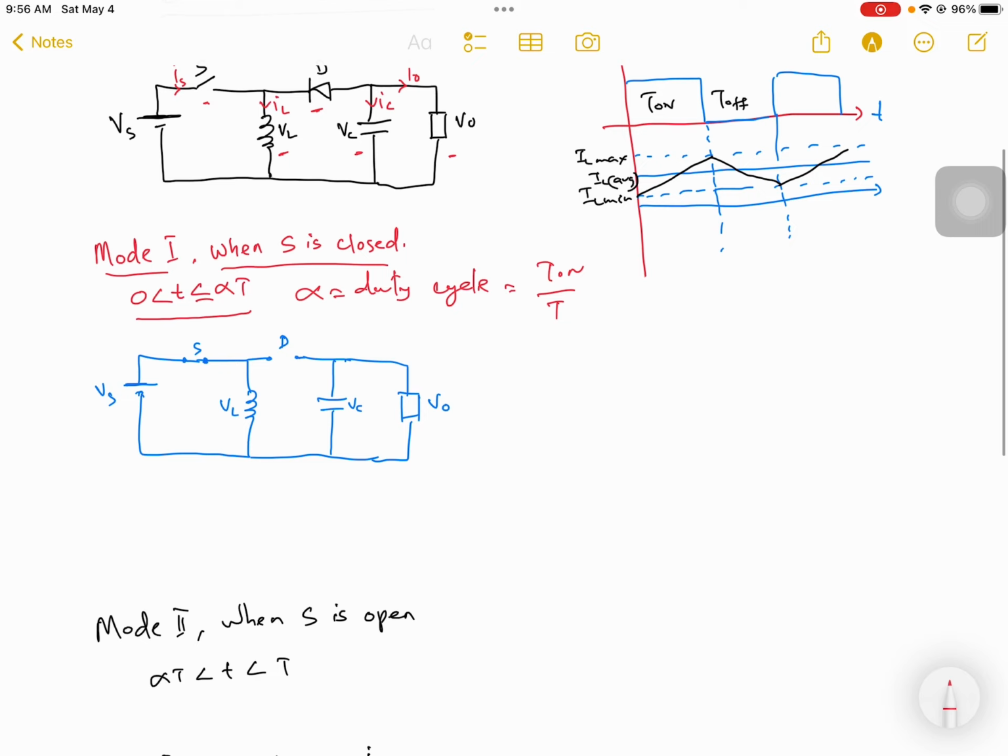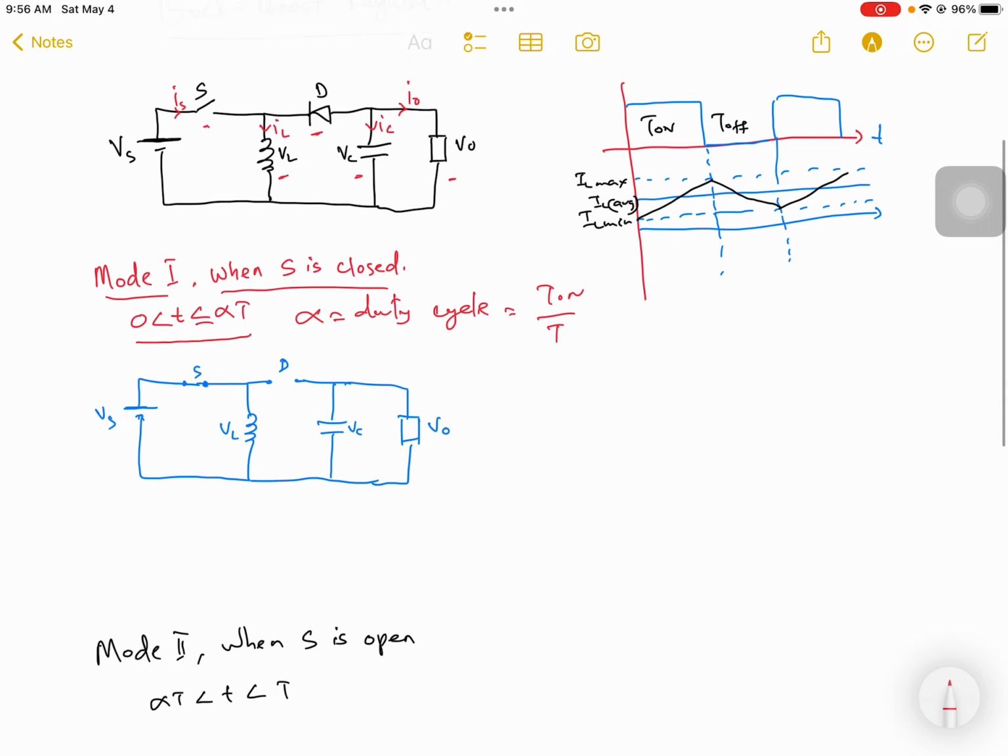Now when your switch S is closed, your diode D will become reverse biased. So the diode becomes an open circuit, or this is disconnected from the input source voltage. So your circuit becomes only Vs and VL. If you apply the KVL, you will see that your inductor voltage will be equal to the input voltage.